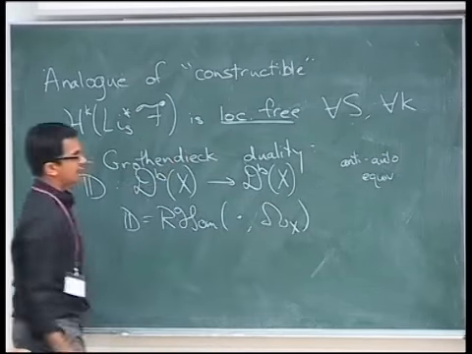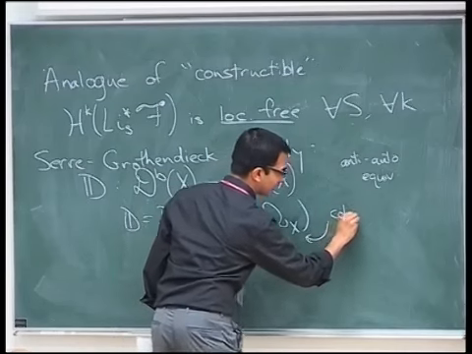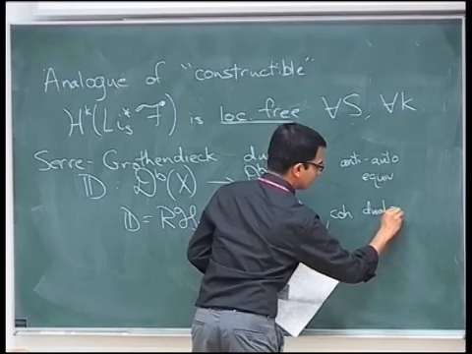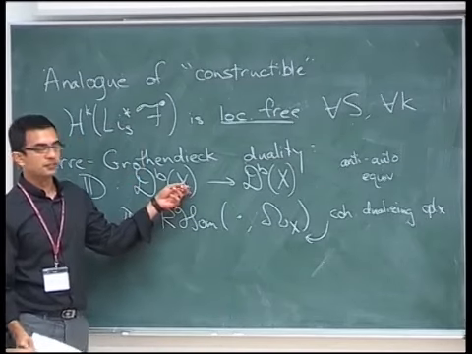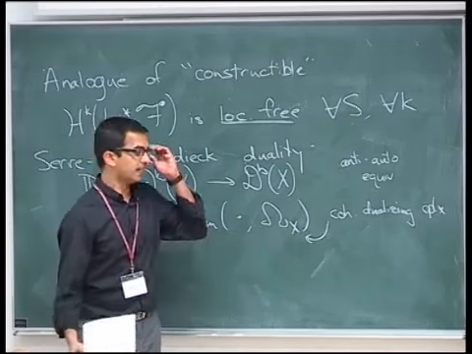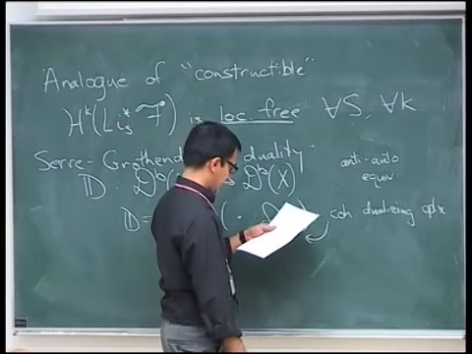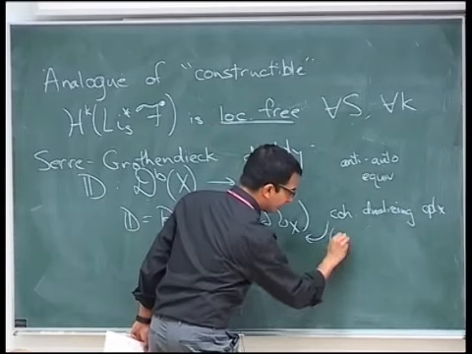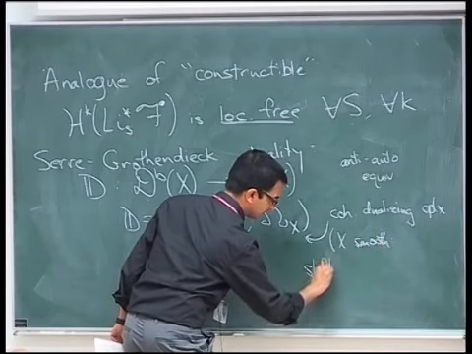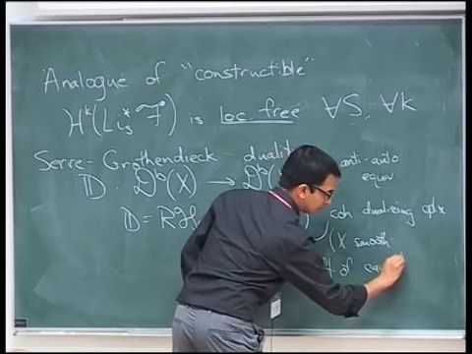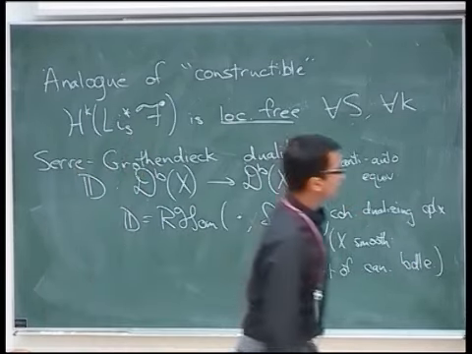And I'll denote the object we need in the coherent world with capital omega_X. So this is the coherent dualizing complex. If X is smooth, then this omega_X is something quite familiar. There's a shift in here that I want to keep around, which I'm not going to specify at the moment. But this is a shift of the canonical bundle.